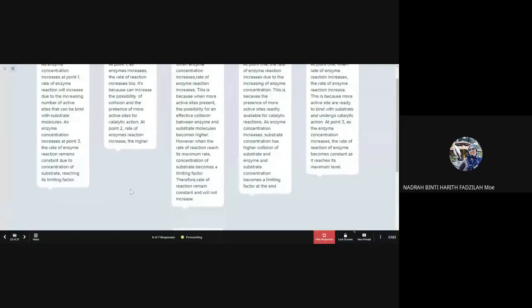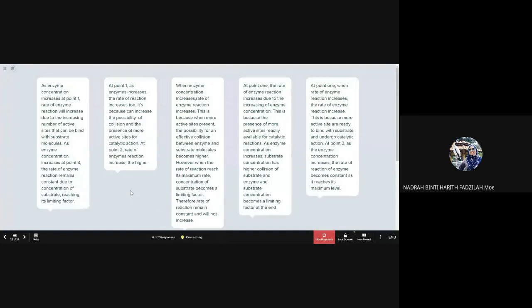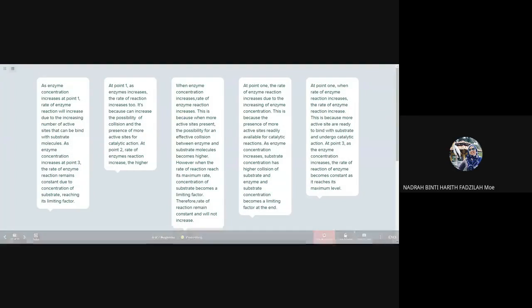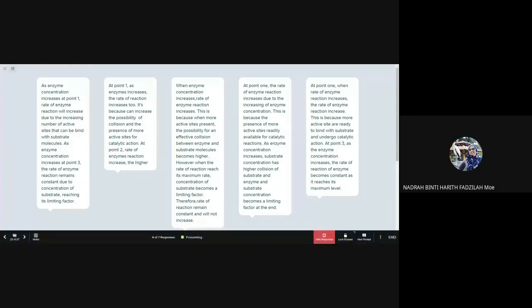Jadi macam nak kata daripada faktor-faktor yang kita tengok kat sini, take home point dia ialah bila kita nampak graph, bila kita kena explain graph, kita explain apa relationship yang kita nampak dulu. Pada titik yang dia minta kita explain tu, titik X ke, titik Y ke, atau masa tu titik tu tengah increasing ke, kita bagi tahu dulu apakah pattern yang kita nampak kat situ.